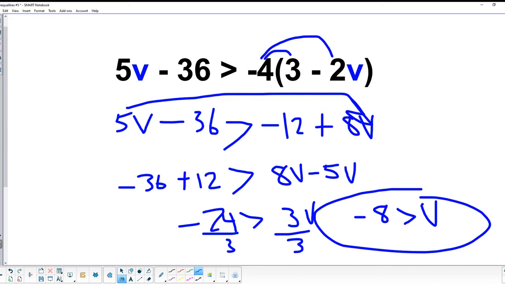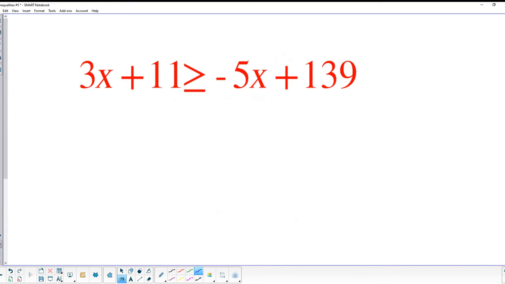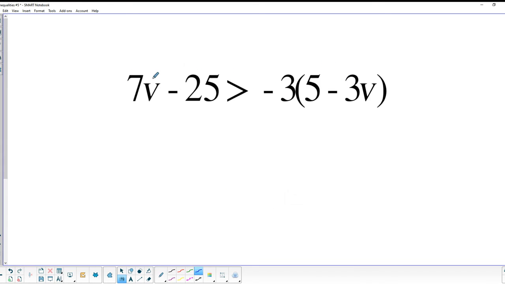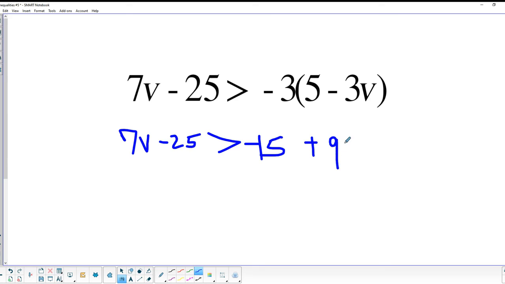Okay, let's keep it moving here. How many more examples do we have? We have 2 more examples, and then we'll be ready for our assignment. So let's just knock these out real quick. So 7v minus 25 is greater than negative 15 plus 9v. All right, so if I move 7v over with the 9v, then it will become 9v minus 7v on the right side.